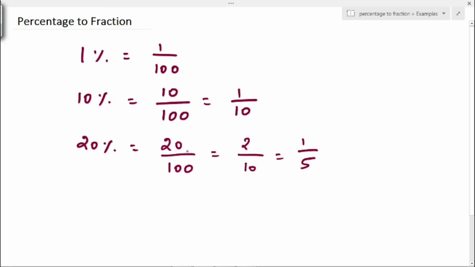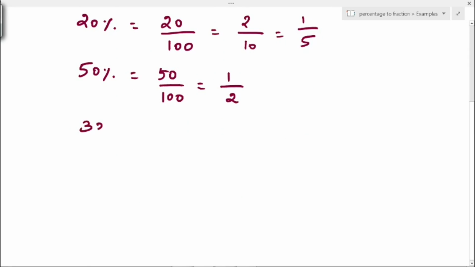So the fraction value of 20% is 1 by 5. Suppose we have 50%. This 50% can be written as 50 divided by 100. If you cancel this by 50, you will get 1 divided by 2. So the fraction value of 50% is 1 by 2.